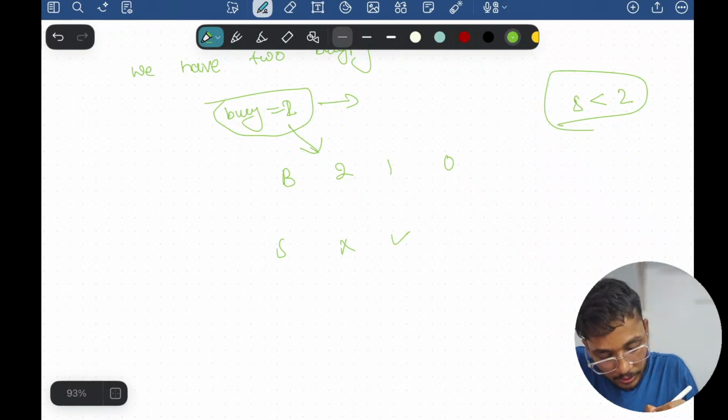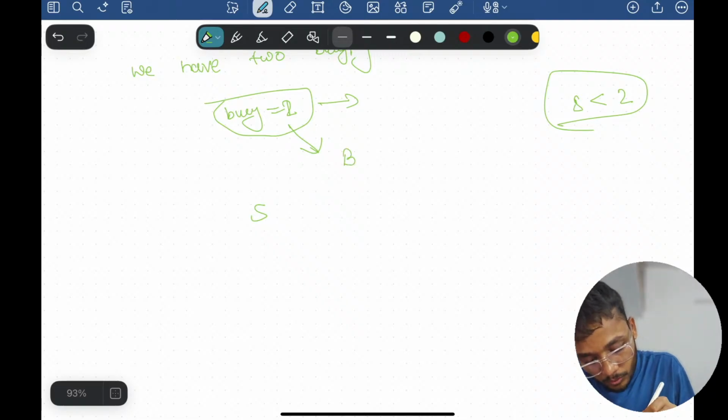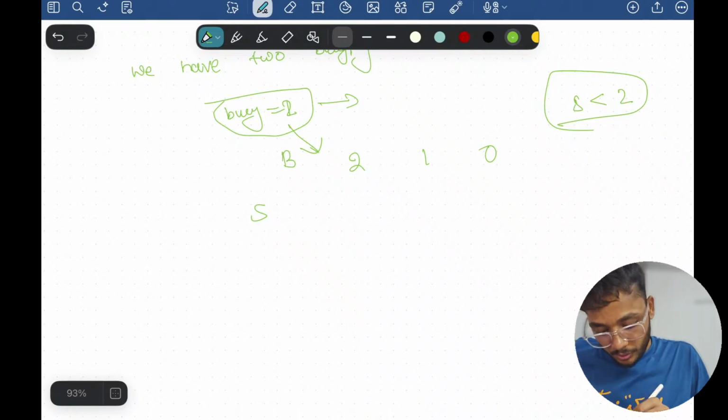Let me create all possible options. First it is 2, and then can you sell? If buy is 2, can you sell? No, 0. If buy is 1, then can you sell?